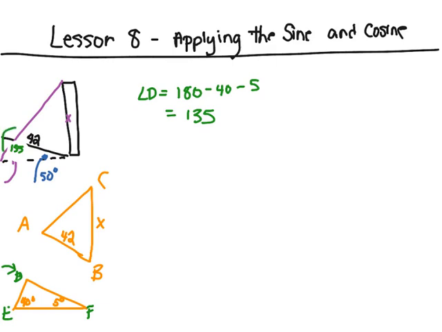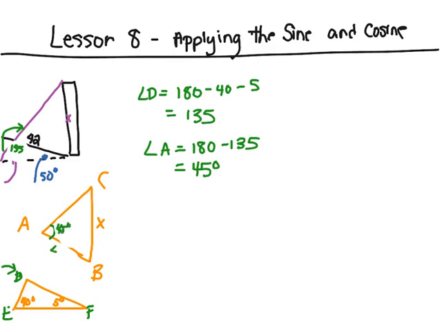And if you can tell, it makes a straight line with the other triangle. So to find our angle A, it's going to be 180 minus 135, because we know it makes a straight line, so you should get 45 degrees. So this one is 45 degrees.